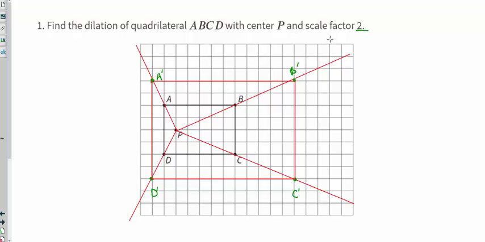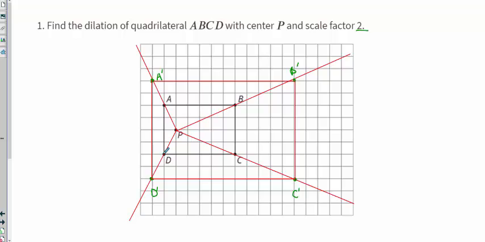We used a scale factor of 2, and if you remember from 7th grade, when we make a scaled copy of a figure, the side lengths are whatever the length is times the scale factor. So if this side length is 1, 2, 3, 4, the corresponding side length right here, A prime to D prime, is going to be twice as long as AD.